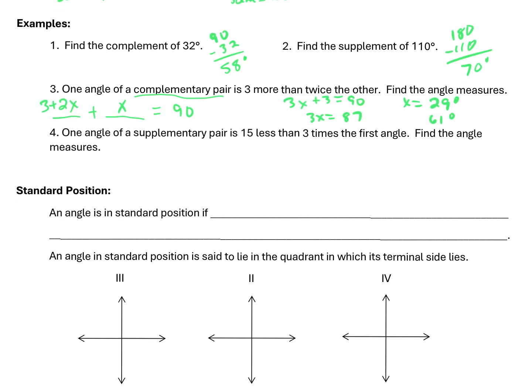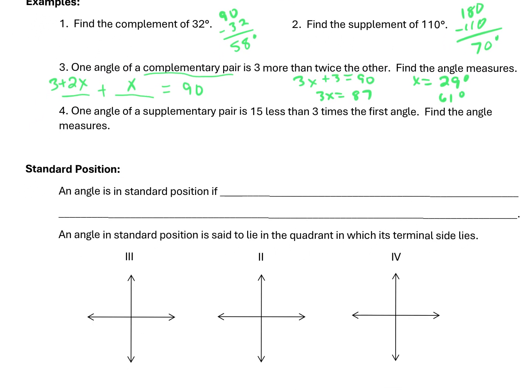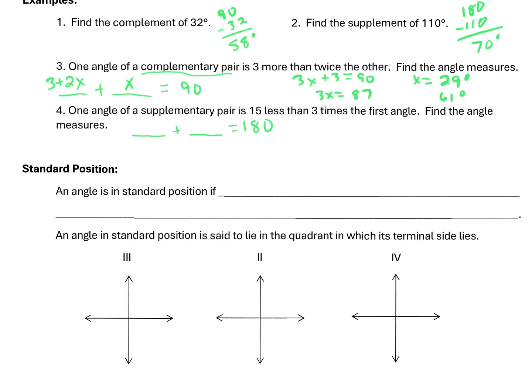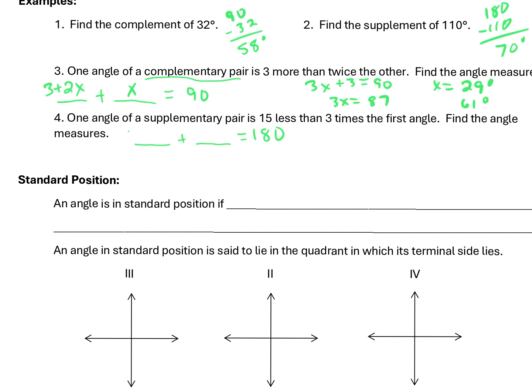Okay. All right, somebody help me set up this next one. It's supplementary, so we know it's going to add to 180. John, can you help me with that? She has to try 15, 3 times x, and is there another x too? And then minus 15, good, and then the other x, yeah.